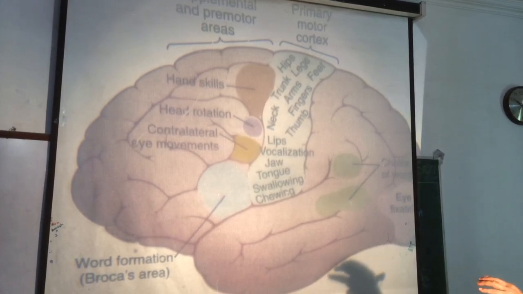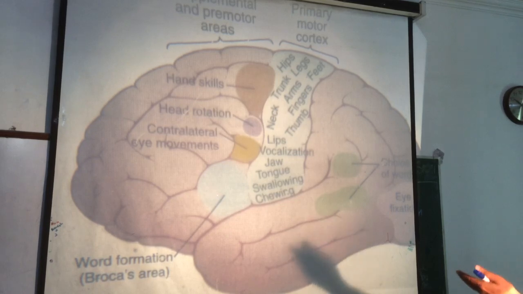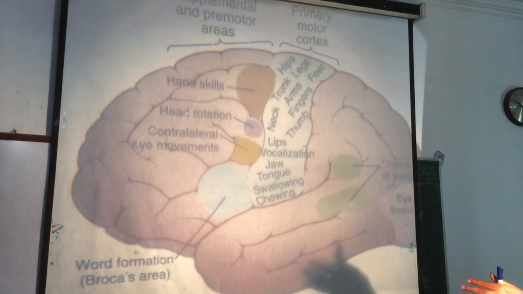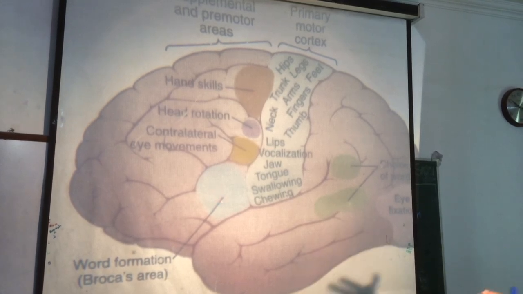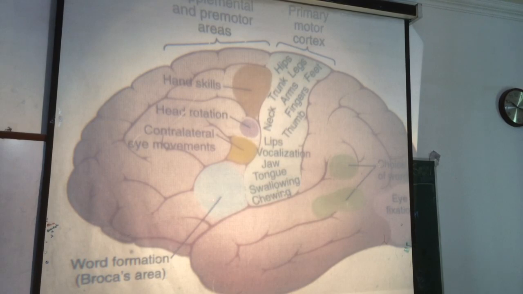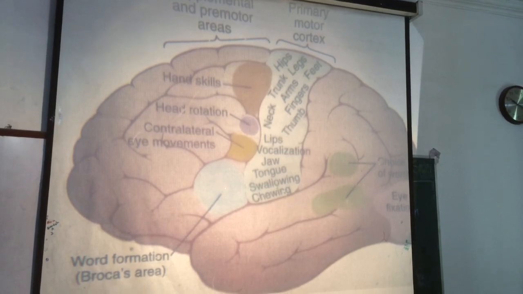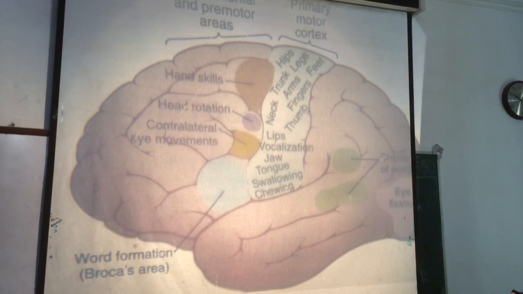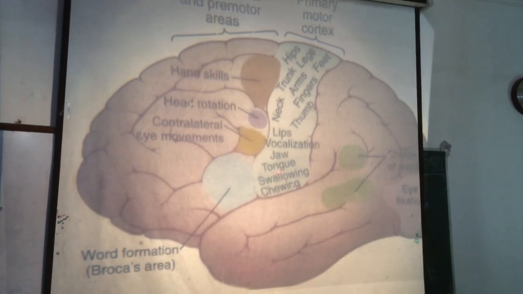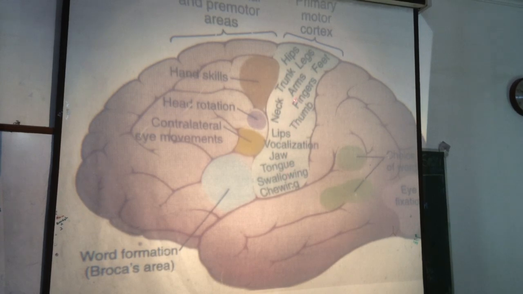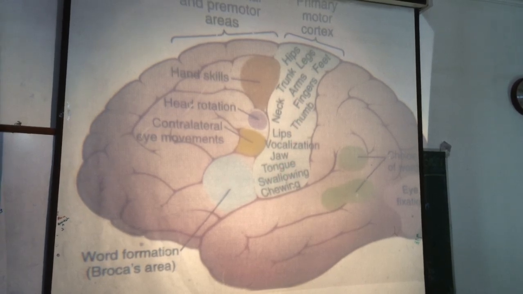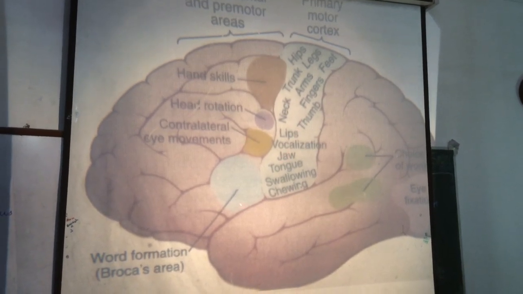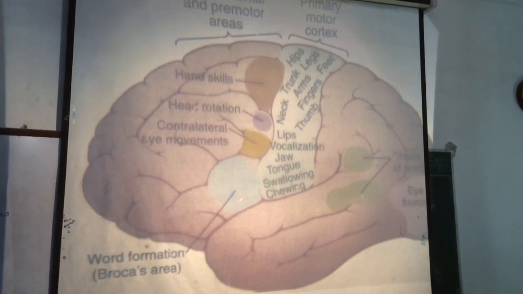This pattern is formed, its details are formed in this area, and then impulses from Broca's area go to the primary motor area to initiate contraction of the muscles of phonation and articulation.